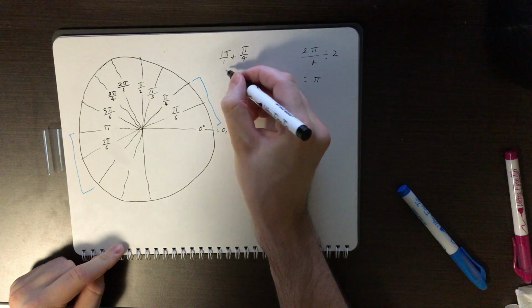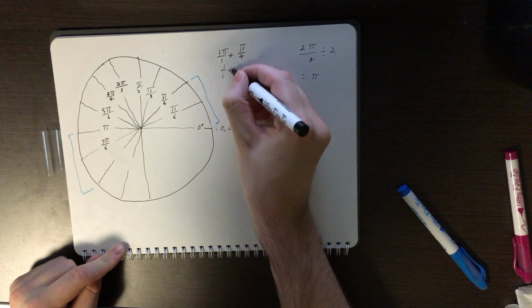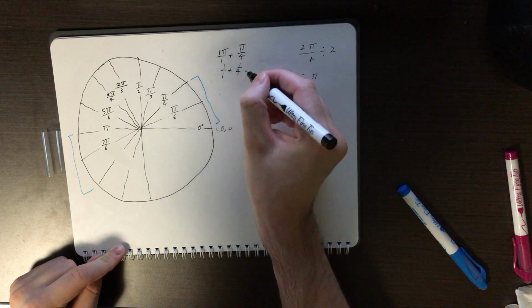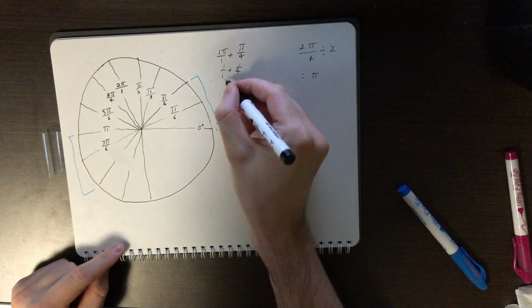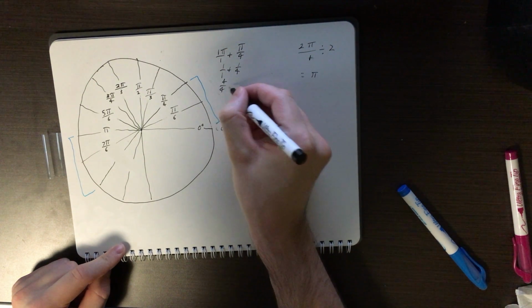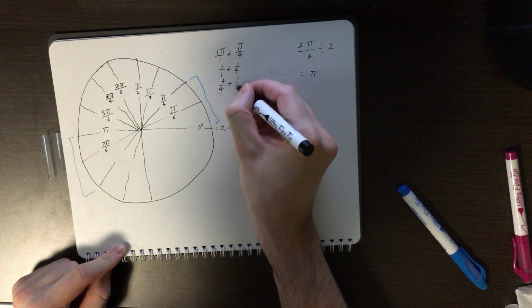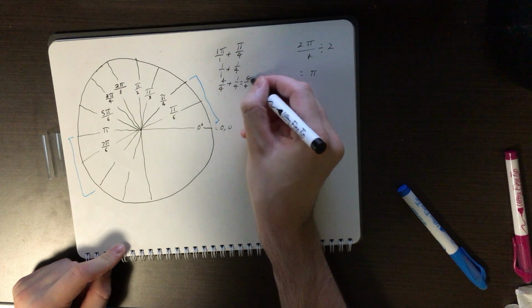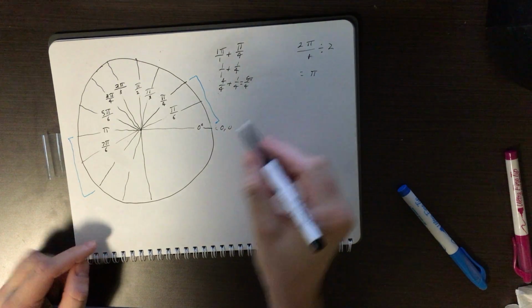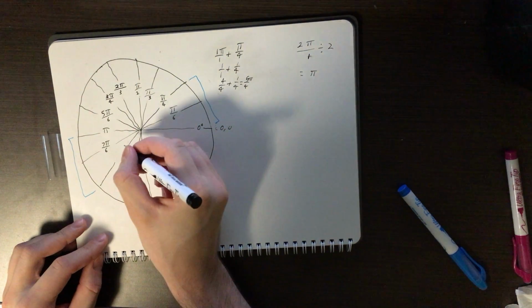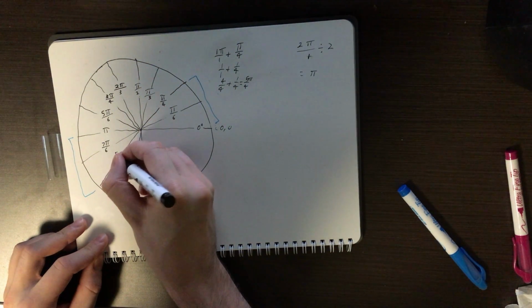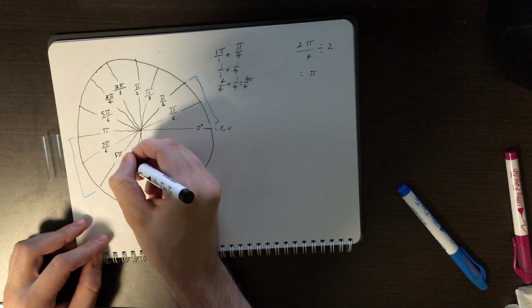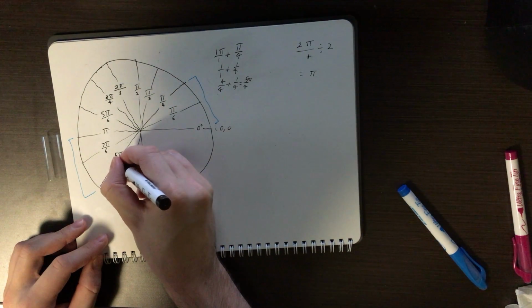Just ignoring the pi's, we'll say 1/1 plus 1/4, find the lowest common denominator, so we get 4/4 plus 1/4 equals 5/4 pi. So this will be 5/4 pi. Or sorry, yeah, 5 pi fourths, same thing.